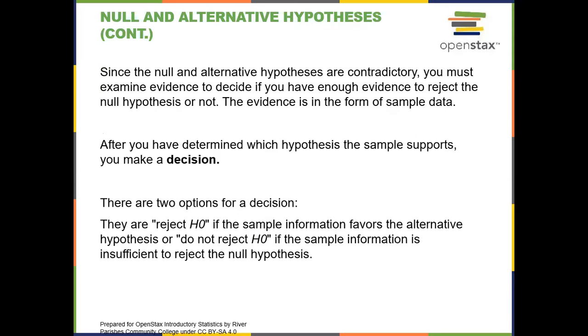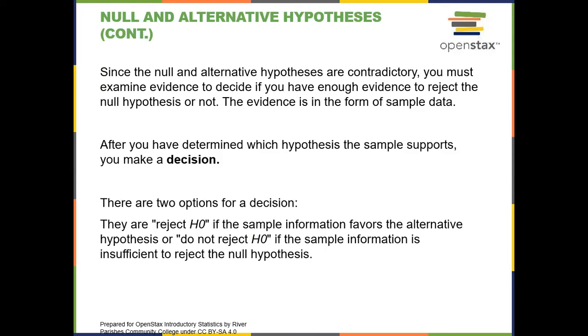Since the null and alternative hypotheses are contradictory, you must examine the evidence to decide if you have enough evidence to reject the null hypothesis or not. The evidence is in the form of sample data. So if you reject the null hypothesis, that means you have enough evidence to support the alternate hypothesis. After you have determined which hypothesis the sample supports, you make a decision.